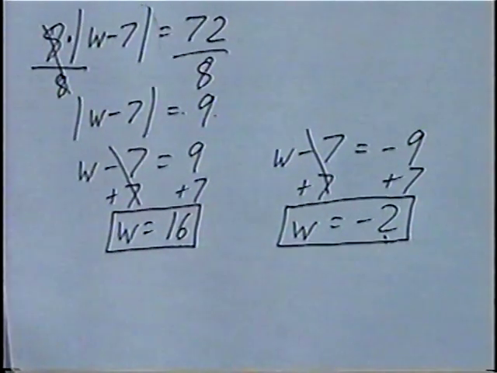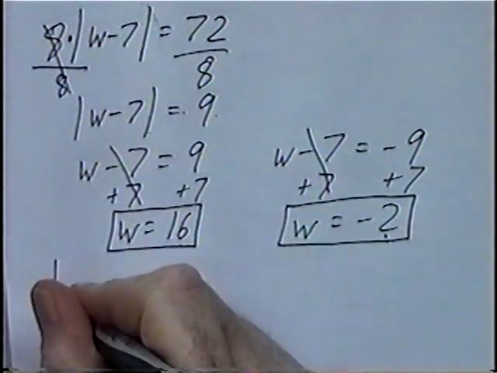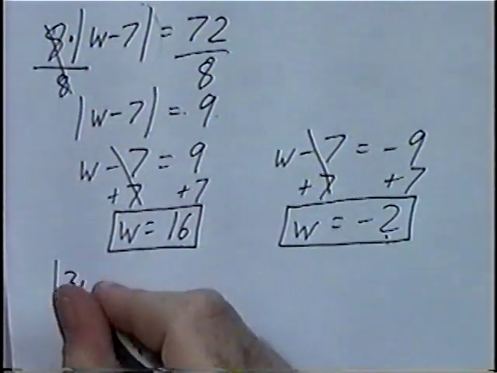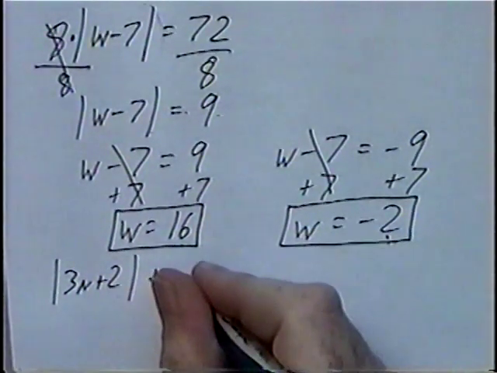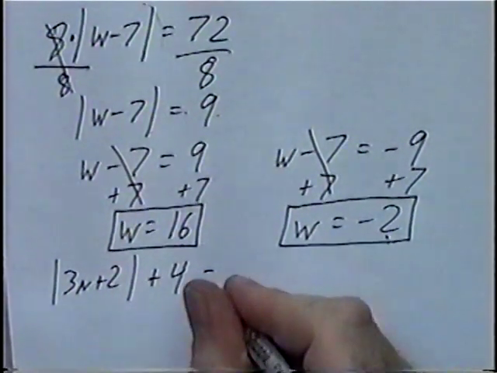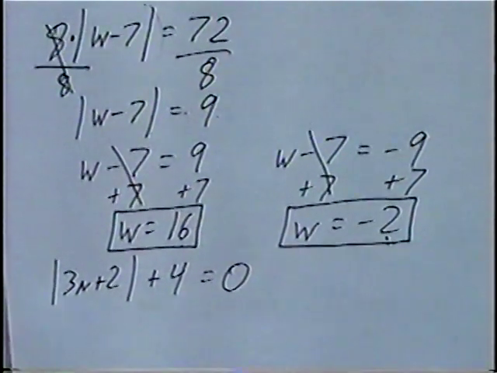And the last question for the section, we have the absolute value of 3n plus 2, plus 4 outside the absolute value, equals 0.